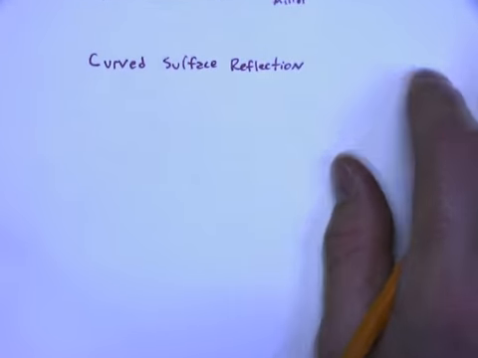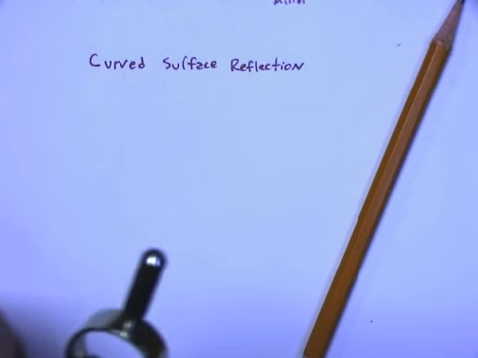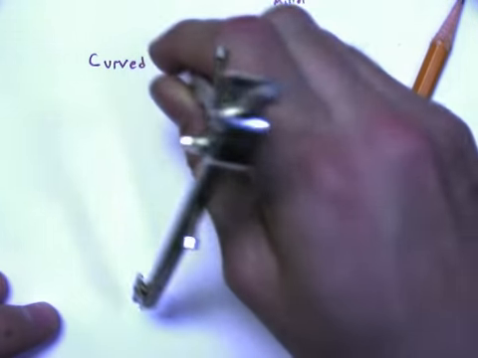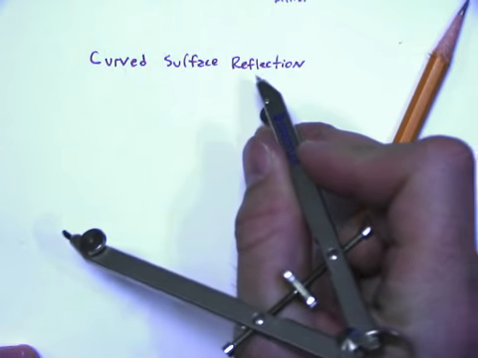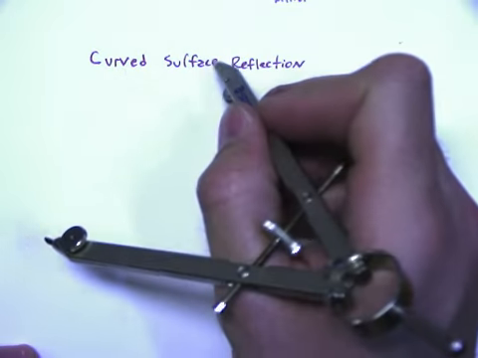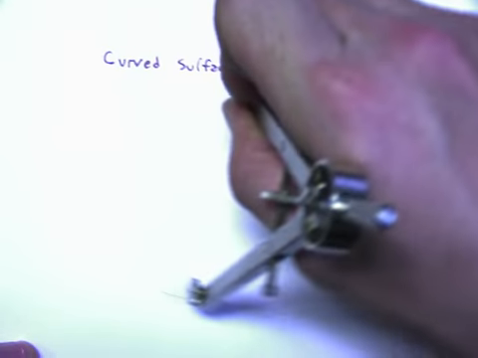Now, what if you had a curved surface? So what if I had a mirror that was, now watch this, I'm going to put my point right in the center of my arc. So let's say I've got a mirror like this, that's a curved mirror.